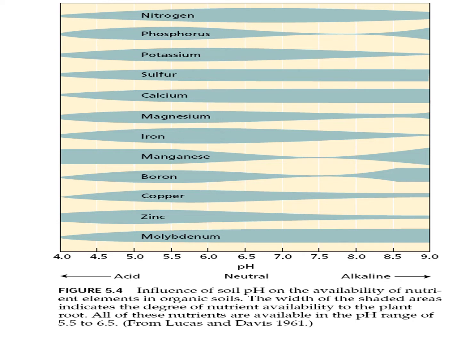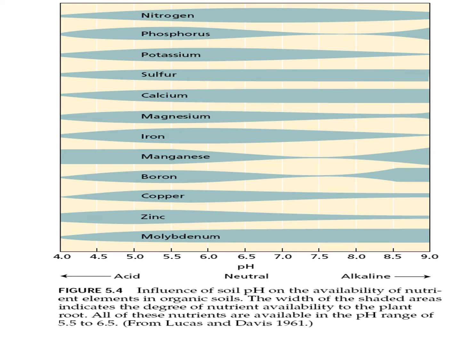Shown in this figure are the mineral nutrients and their availability as influenced by soil pH. The thickness of the lines indicates the degree of nutrient availability to the plant root. As can be seen, all of these nutrients are available in the pH range of 5.5 to 6.5, as reflected by the thickness of the lines.